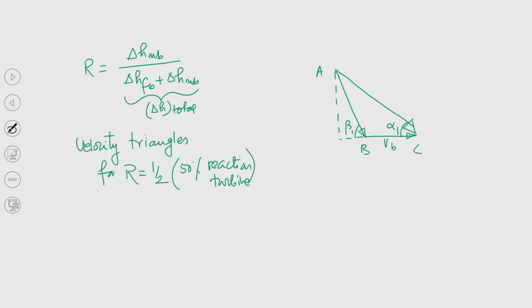What about the outlet velocity triangles? So, mind it, this is a 50% reaction turbine. This angle is alpha 2 and this angle is beta 2.